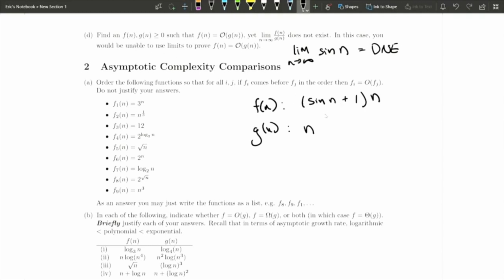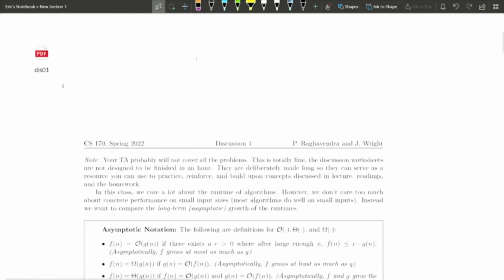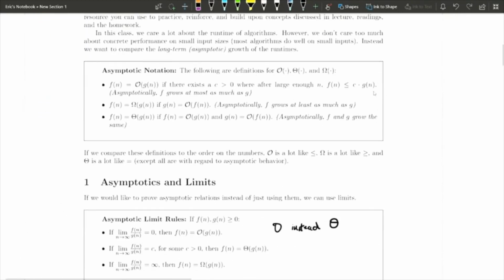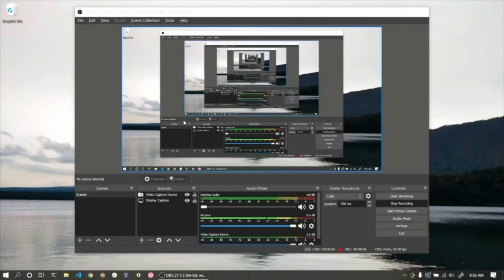We're not able to use the limit, however, we're able to use another property that we saw in the beginning of the worksheet. So let's take a look at this property right here. For something to be O of g of n, f of n is bounded by g of n times some constant.